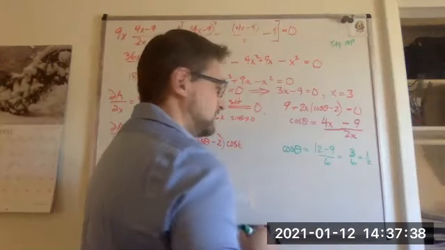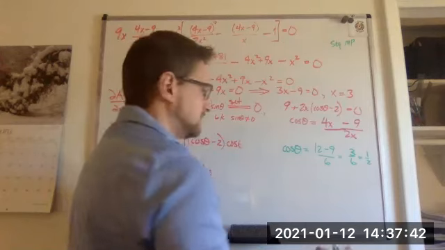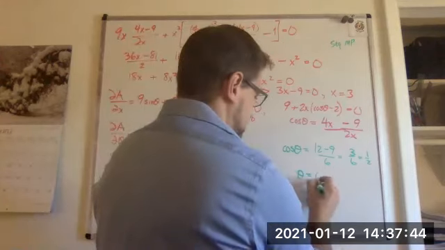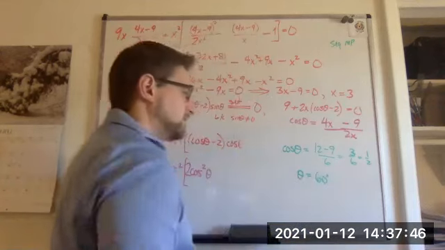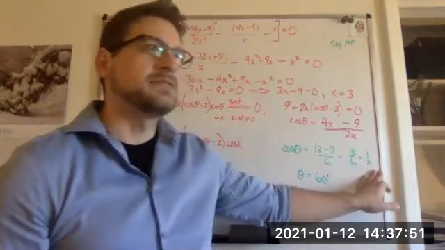And that means the cosine is 1/2, then it's 60 degrees.